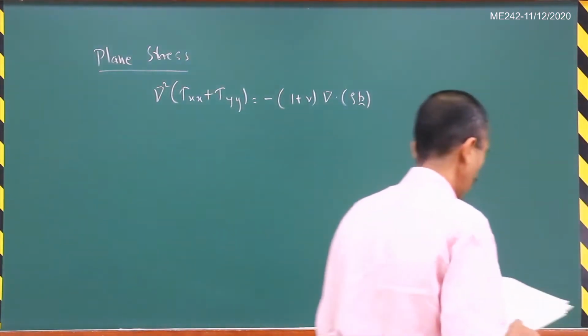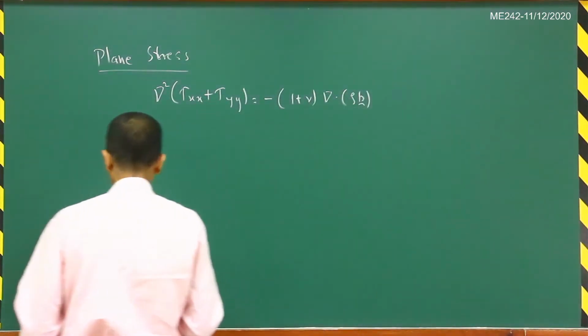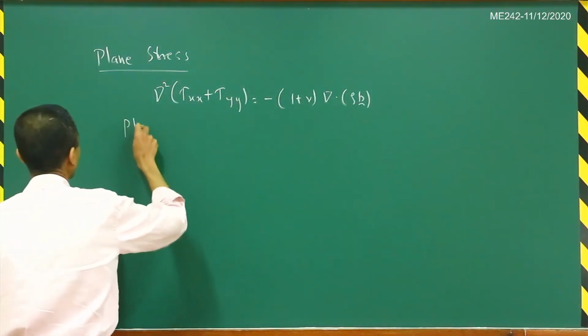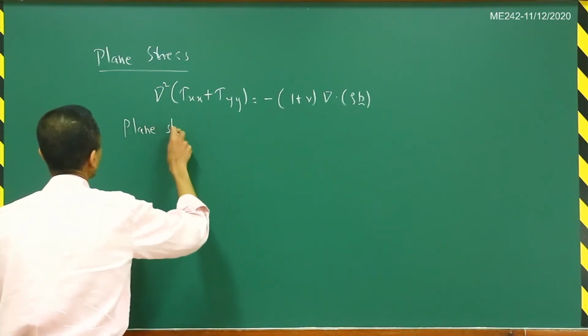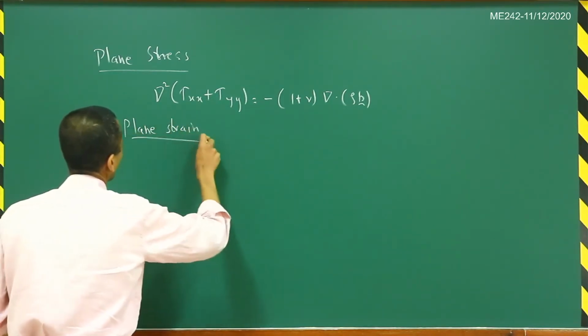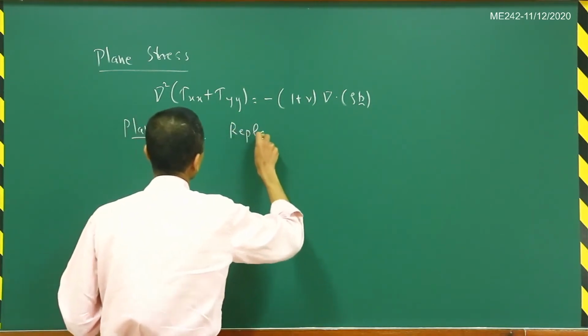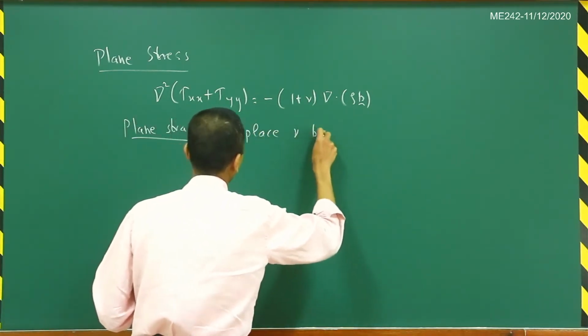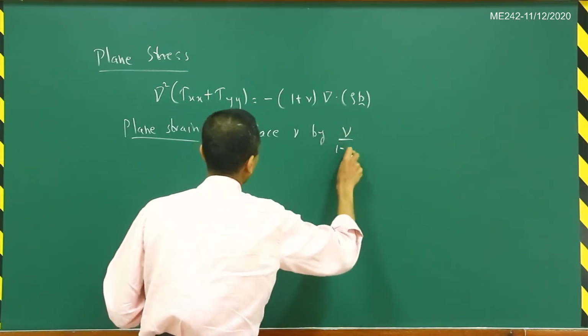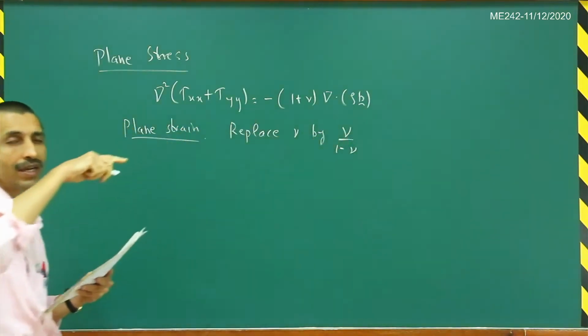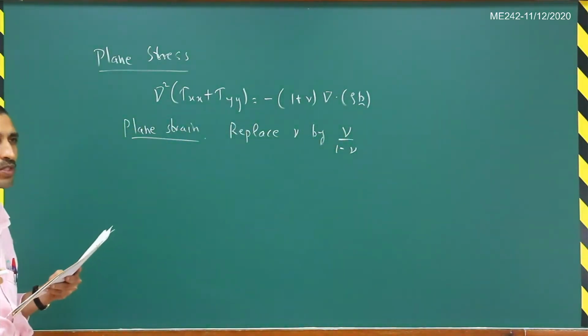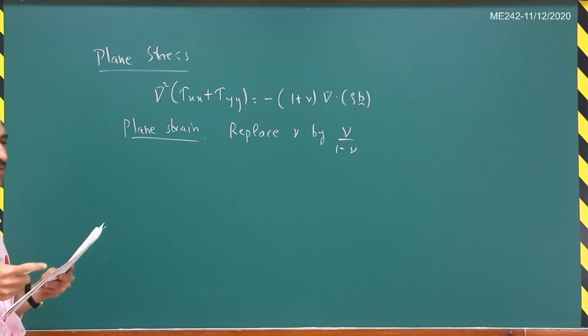So now if I look at the plane strain case, as we said, we just replace mu by 1 minus mu. Last time I indicated that E should be replaced by E by 1 minus mu square and mu should be replaced by mu by 1 minus mu.